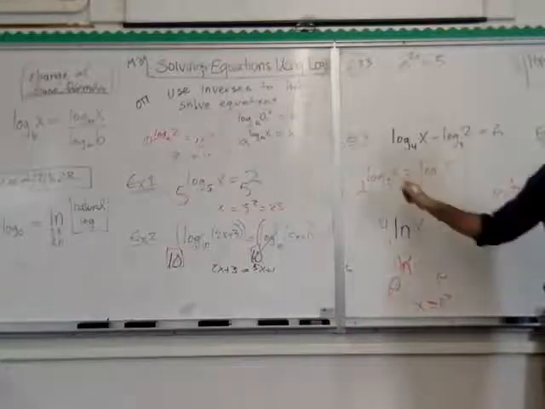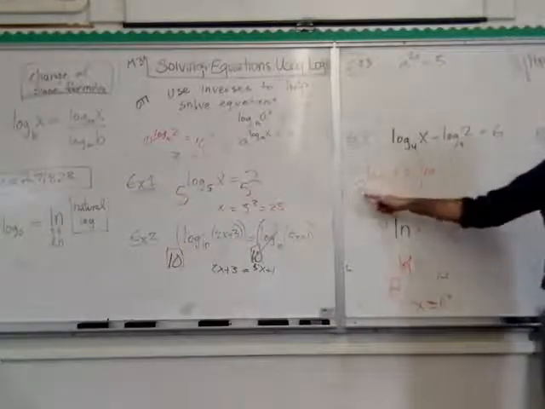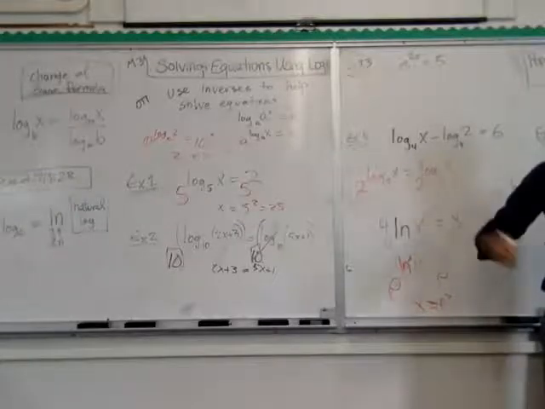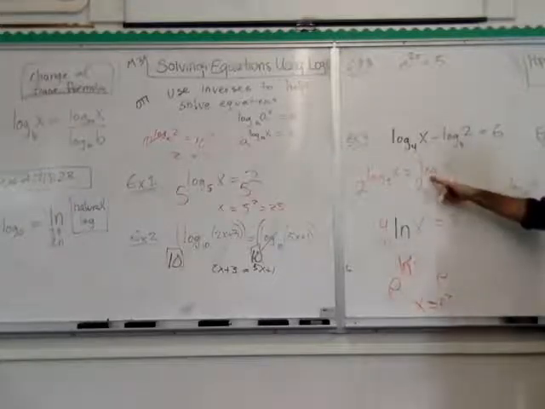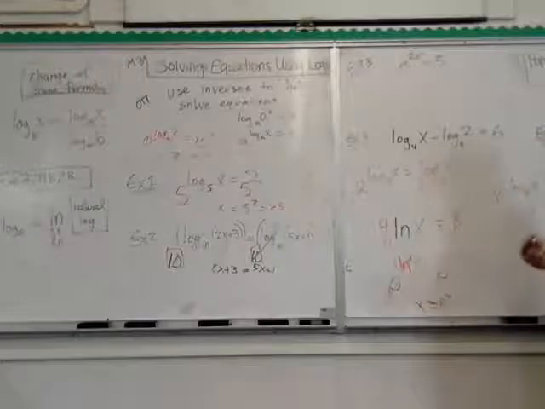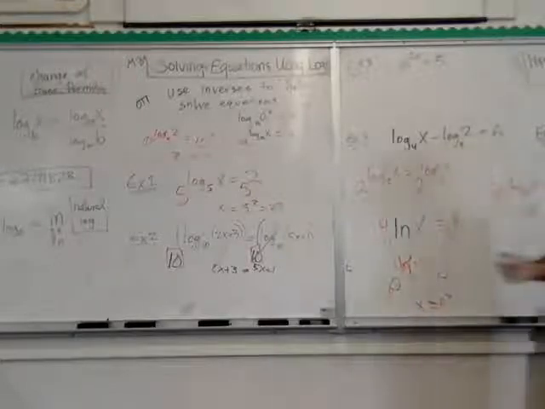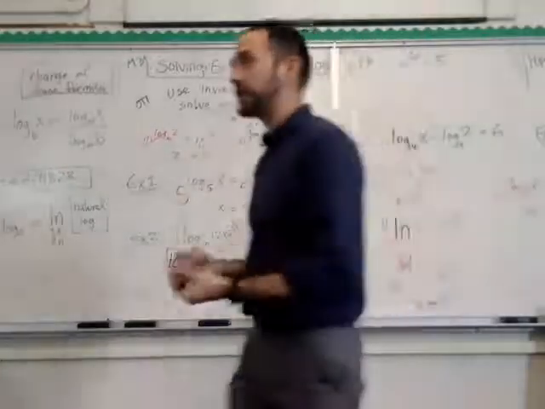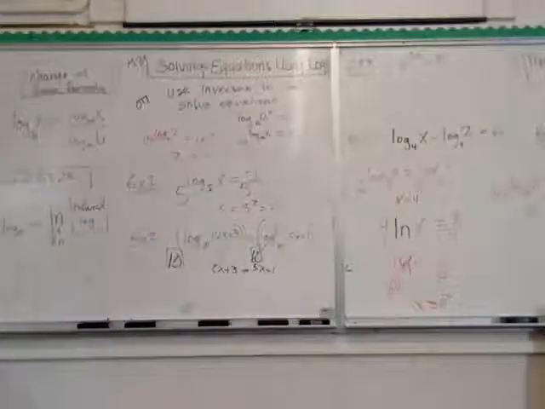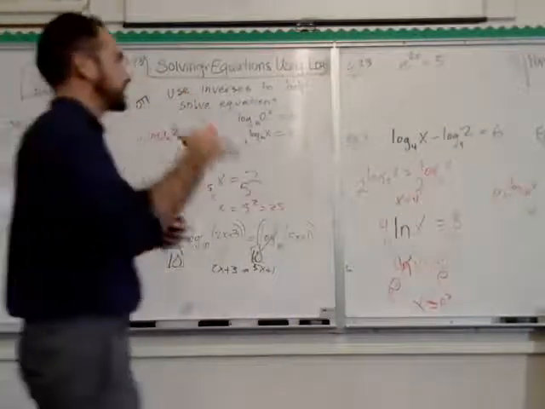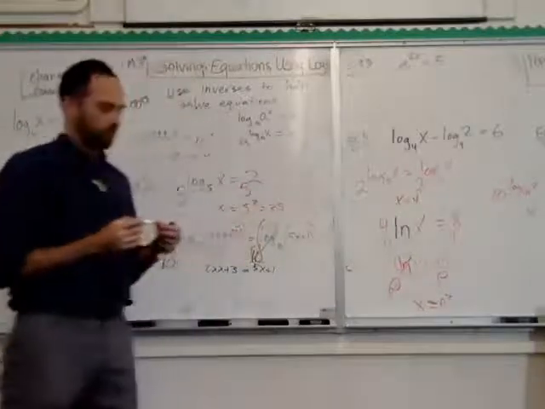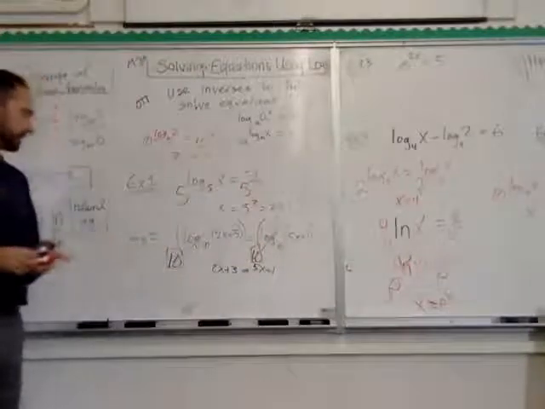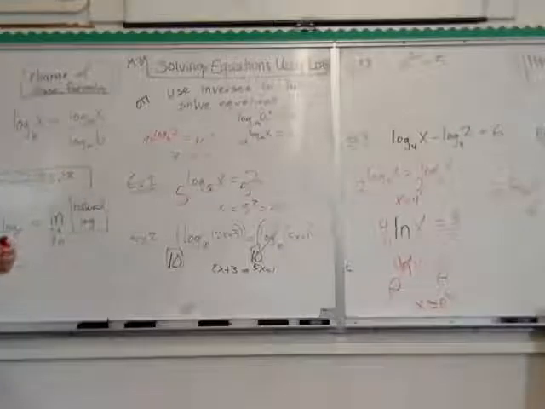We do that because the log base 2 as an exponent of 2 cancels. And here it cancels as well, so x is 4. If you need just another example, you can put that in there. We're saying the expressions are going to become exponents in order to get rid of some of these logs.